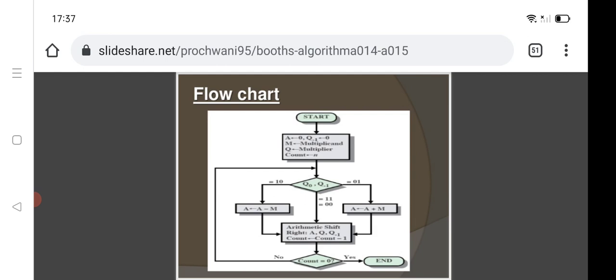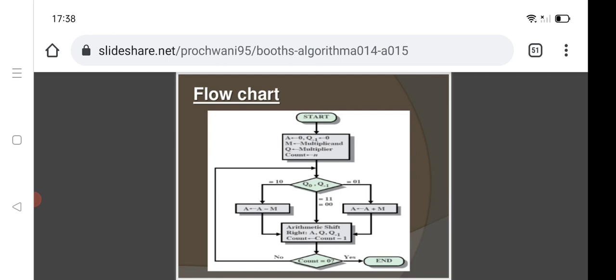The Q naught value will come to Q minus 1, and each and every bit of the Q register will be moved towards the right side. A's LSB will be moved to the Q register. But the MSB bit which is available in the previous one, the same will be loaded in the A register. That is nothing but the arithmetic shift right operation.